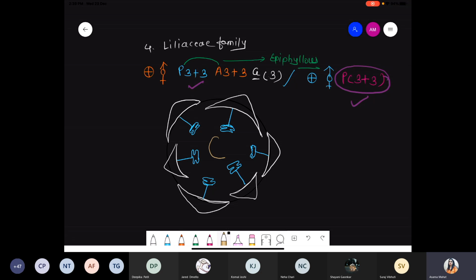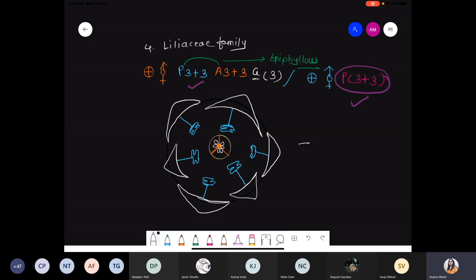And finally we are talking about the part of the gynoecium. Gynoecium is basically tricarpellary. Tricarpellary means 3 compartments are present like this. 1, 2, 3. And the placenta will be present here, and on the placenta there is the presence of ovules like this.